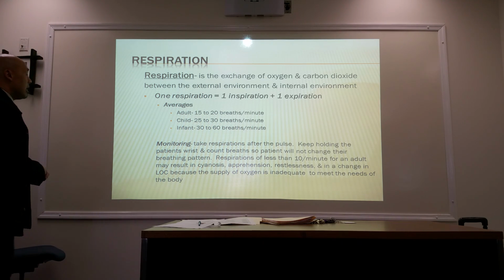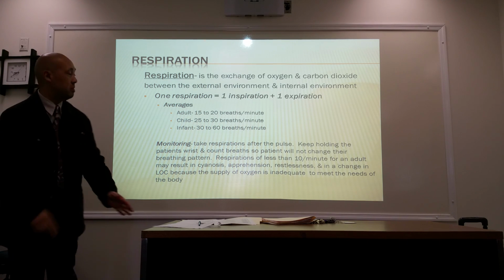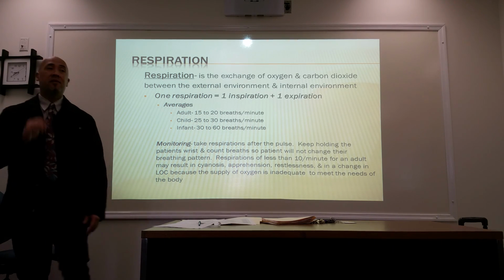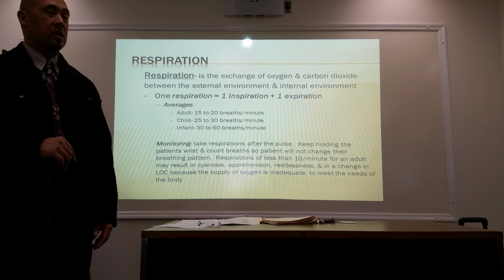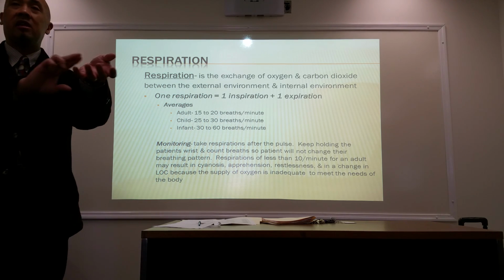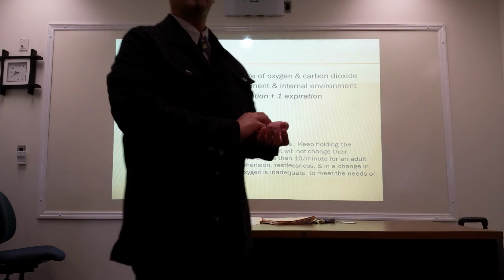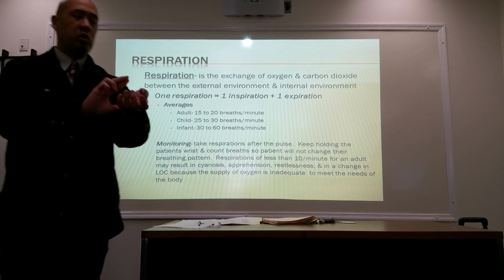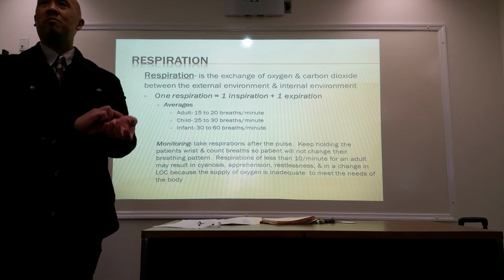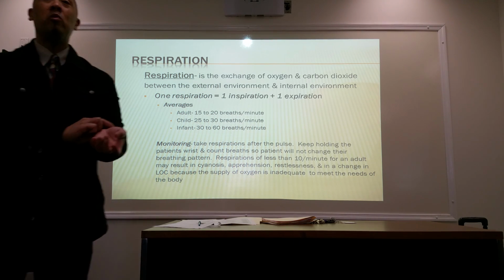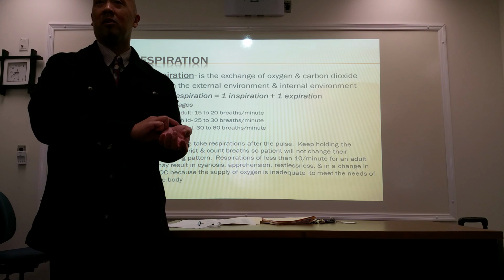Now, when taking vitals, initially what you're going to do first is take the pulse. Remember, 60 to 90 beats per minute, are we going to take the pulse for 1 minute? That's a lot of counting, right? Can we take the pulse for 15 seconds and multiply by 4?